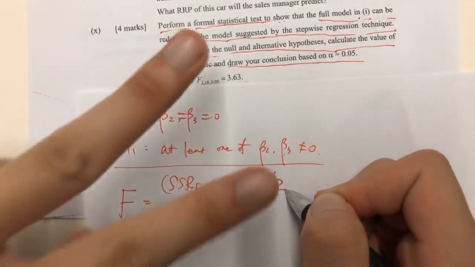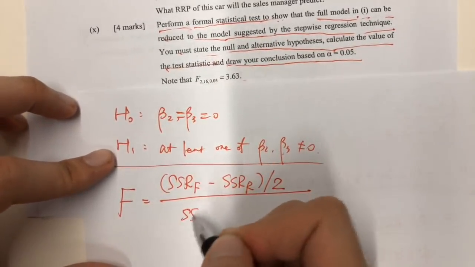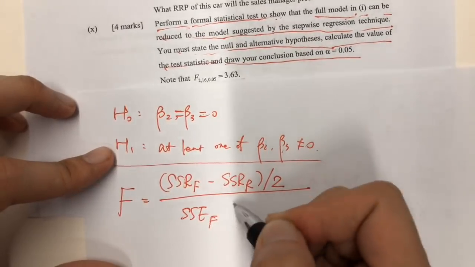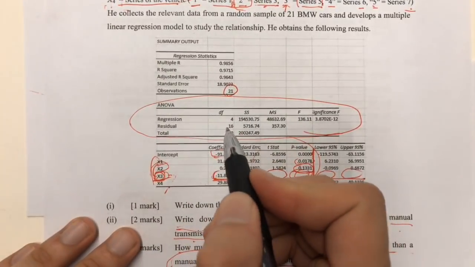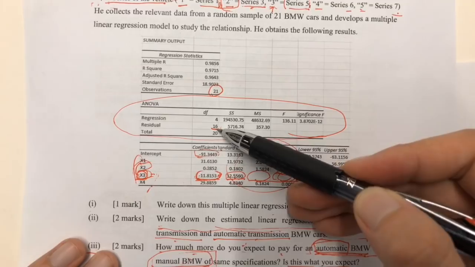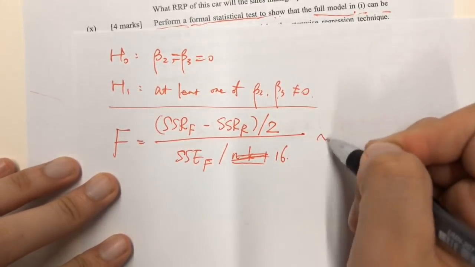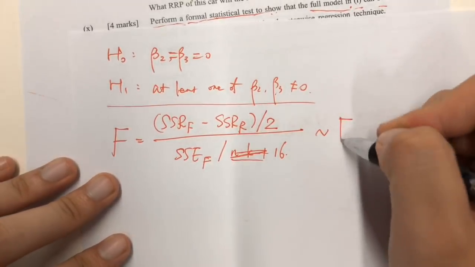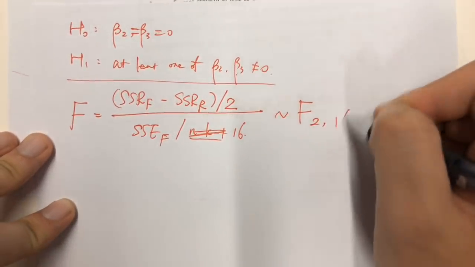So we removed 2 independent variables, so we put 2 here. And then divided by the SSE of the full model divided by n minus k minus 1. So n minus k minus 1, as we can see from the output result of the full model, is 16. This test statistic follows an F distribution with degrees of freedom 2 and 16.